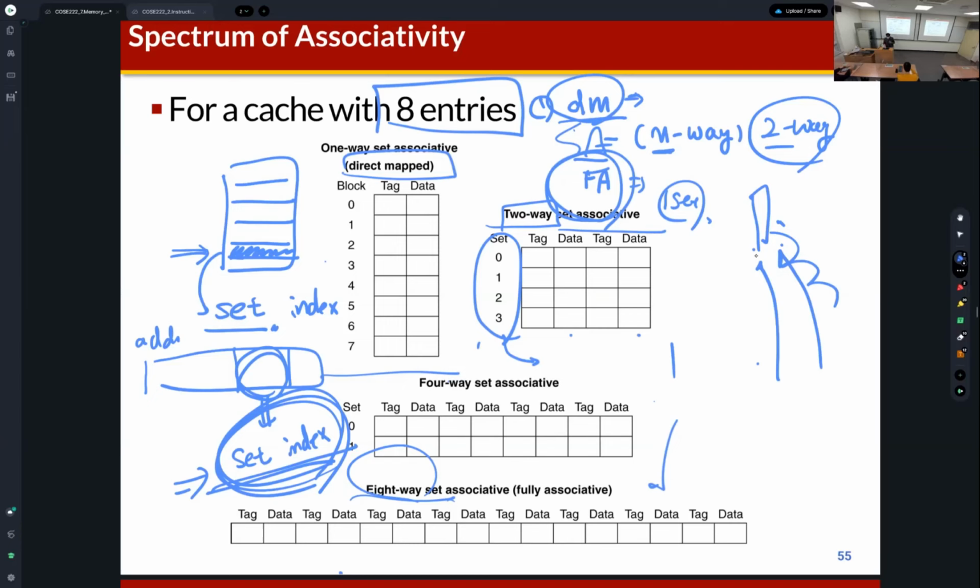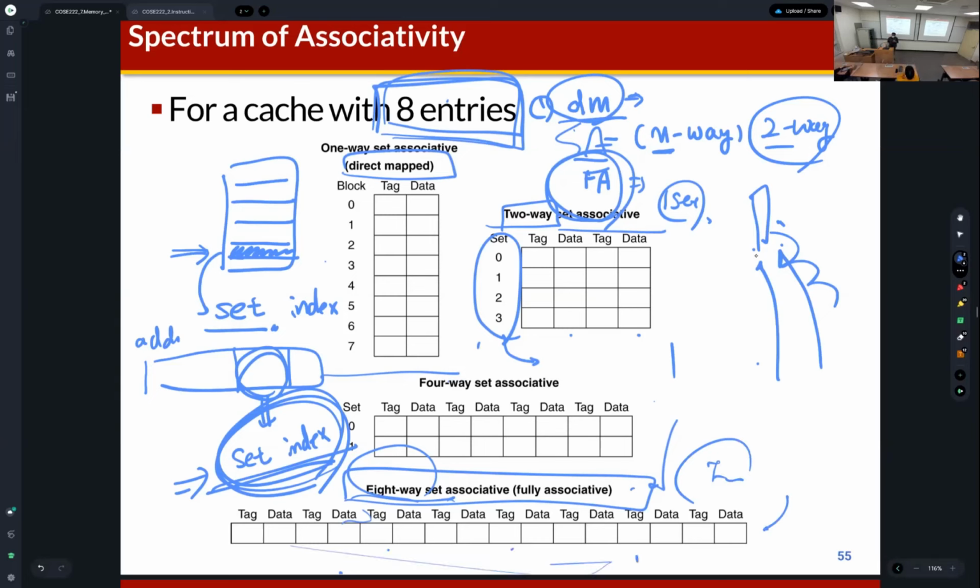So if the total number of cache blocks is 8, then as you can see, the fully associative cache has 8 different blocks in its set.